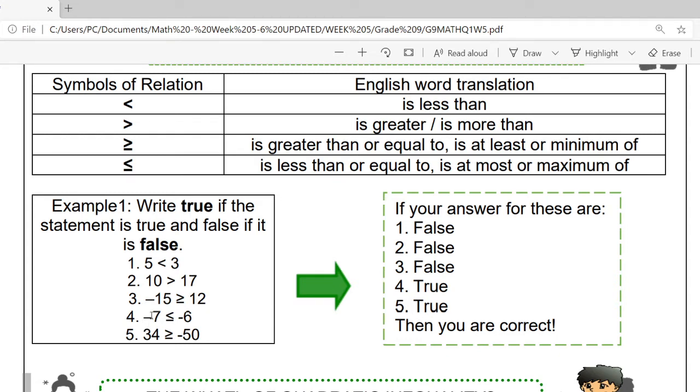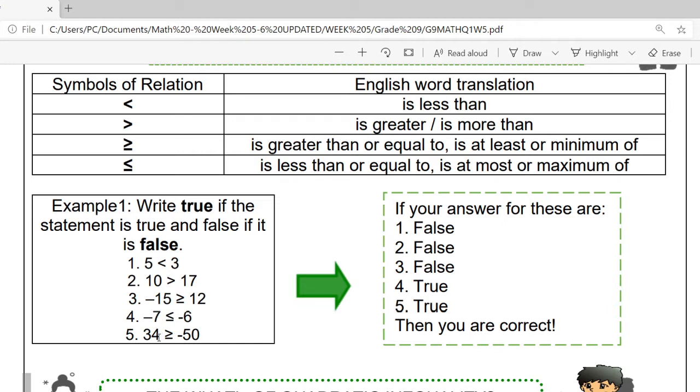Number 4, negative 7 is less than or equal to negative 6. Is it true or false? Negative 7 is less than negative 6, so it is true. Do not mind the equal to because they are not equal, but it is less than, so it's still true.